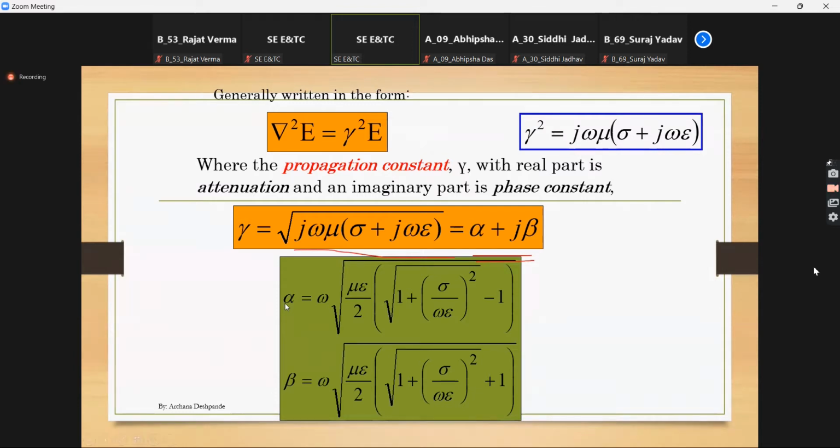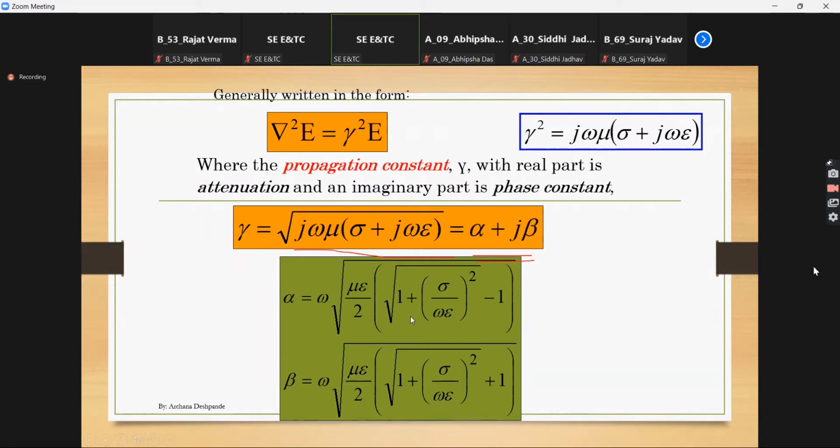So this is, again, the formula you need to remember, you have to solve problems with it. Okay, so this is in general, irrespective of any medium. This can later be reduced to a particular case, maybe free space or a good dielectric or a perfect dielectric. For conductors, alpha and beta can also be reduced.